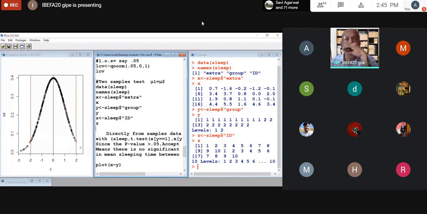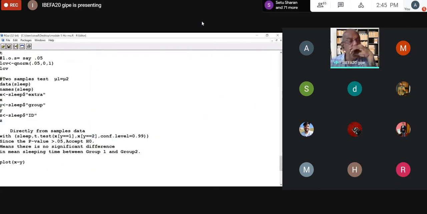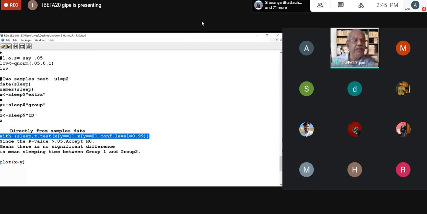Compare the average sleeping time. There the syntax will be only one, with. With stands for the data file. With the file sleep, t-test x, where x stands for sleeping time and y stands for group. Give the confidence level 0.99, 0.95, whichever is in the question.